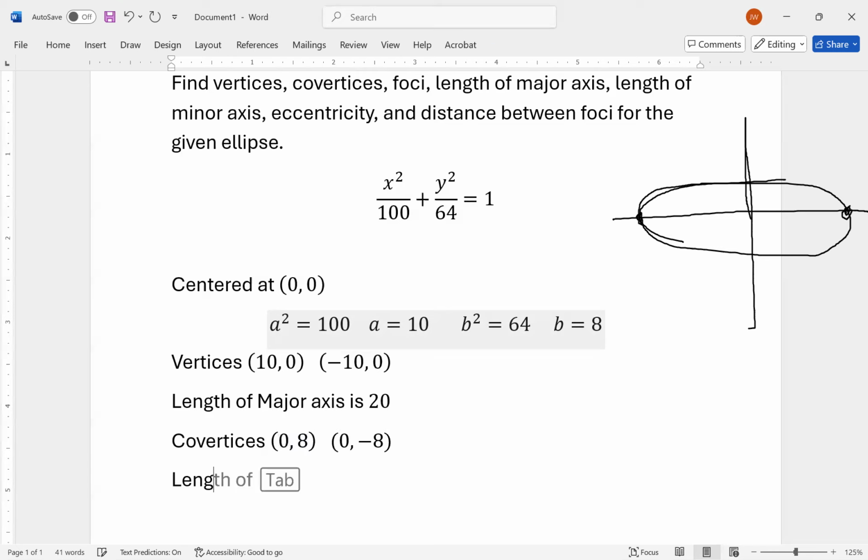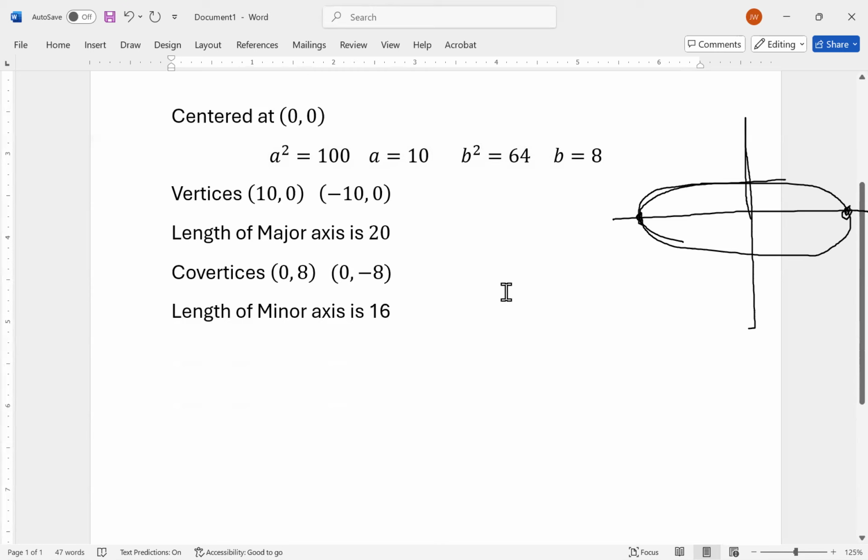That means the length of the minor axis is double 8, which is 16. So I have the vertices, the co-vertices, the length of the major axis, the length of the minor axis. I don't have the foci yet, or the eccentricity, or the distance between the foci.